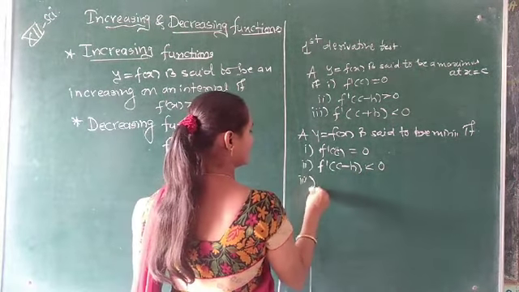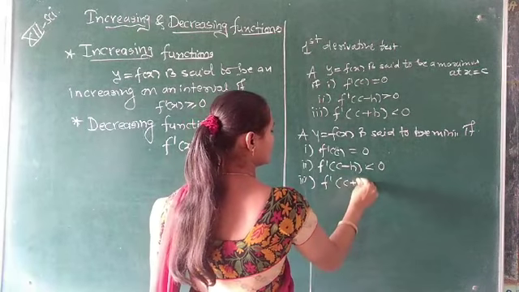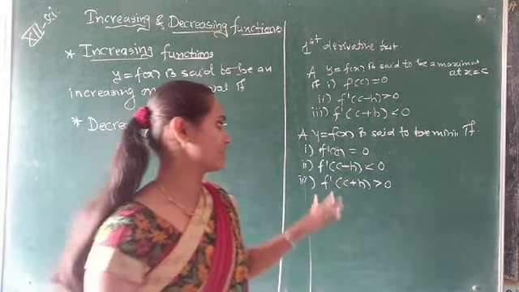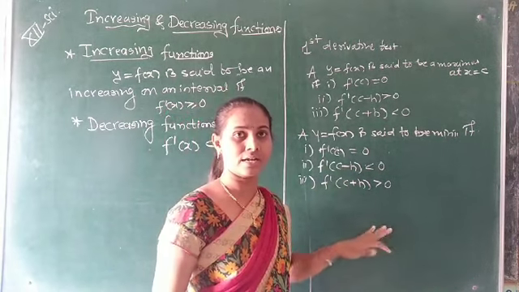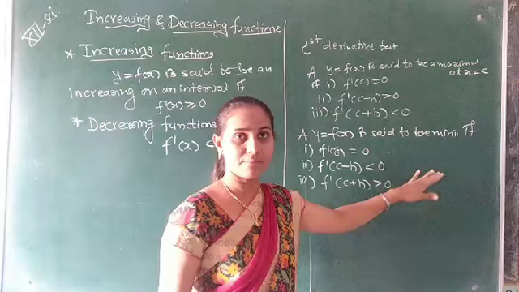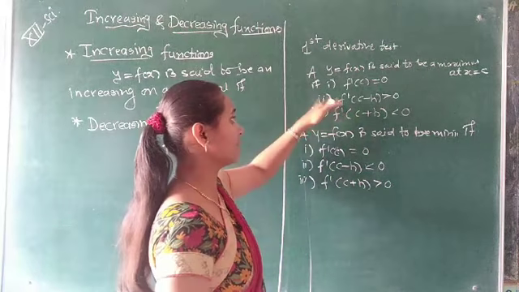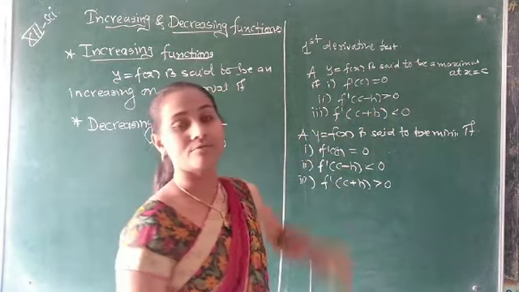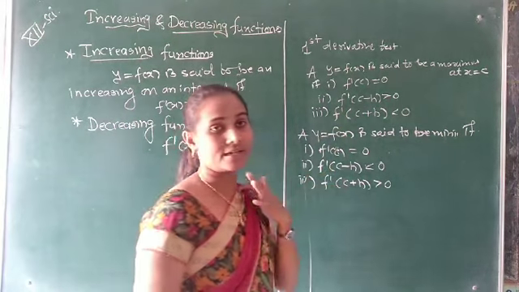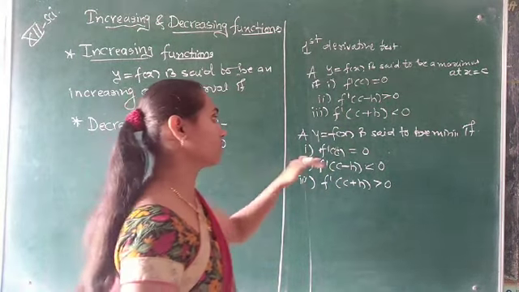And the third condition is f dash of c plus h is greater than 0. If the function satisfies these three conditions at x is equal to c, then the function has a minima. If the function satisfies the first three conditions, it has a local maxima, and for the second set of conditions it has a local minima.